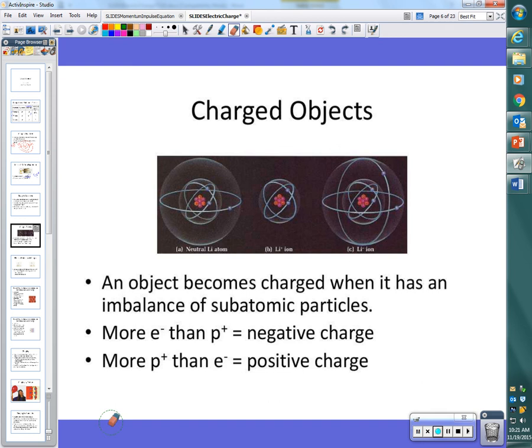Let me zoom in so you guys can see it a little better. Over on the far left-hand side is a neutral lithium atom. Here's the nucleus of the lithium atom, and in that nucleus, there are 3 protons. 1 there, 2 there, 3 there. They're the orange ones. Okay? You can see them. It's kind of blurry, but yeah.